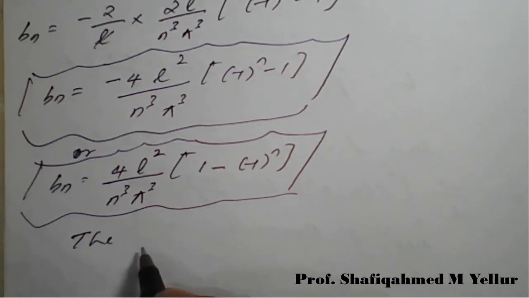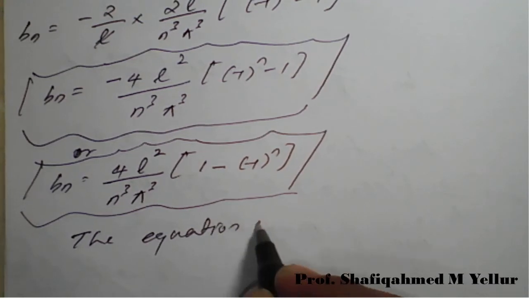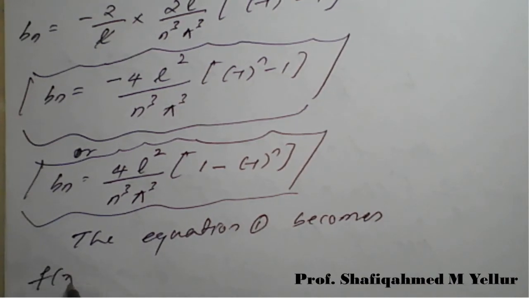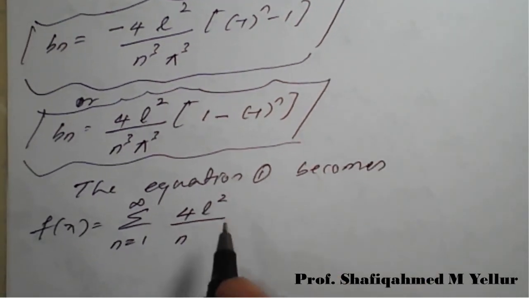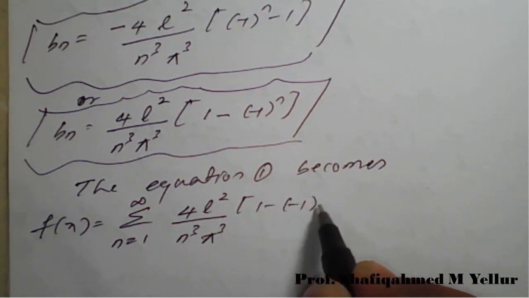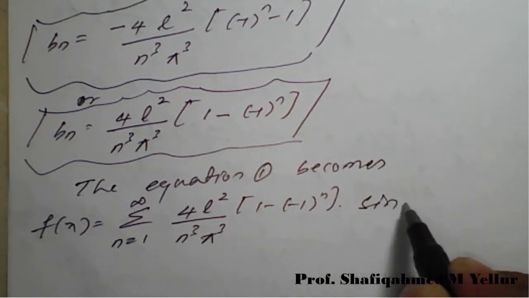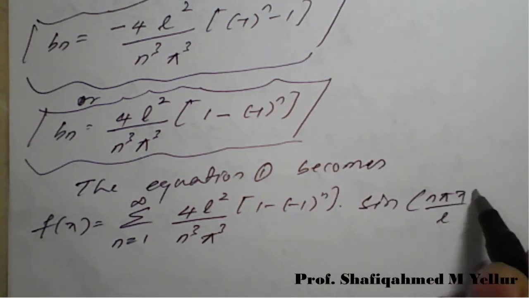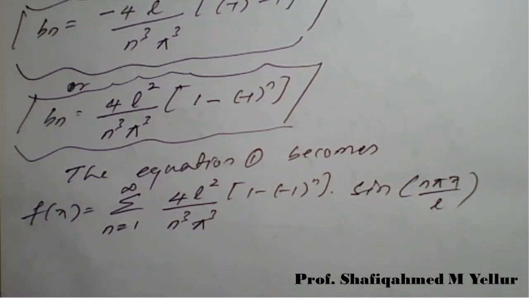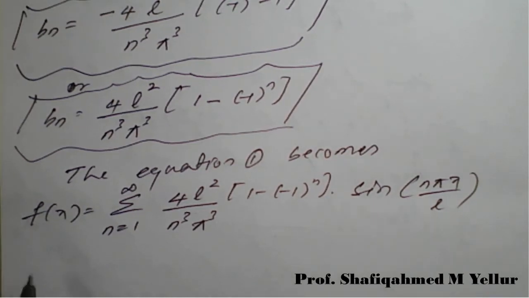Therefore the equation 1 becomes f of x is equal to summation n from 1 to infinity Bn value, that is 4L square divided by n cube pi cube into 1 minus minus 1 raised to n into sine of n pi x upon L. So this is our equation number 1. We have applied the value of what here, f of x, or I can take the constant term outside.